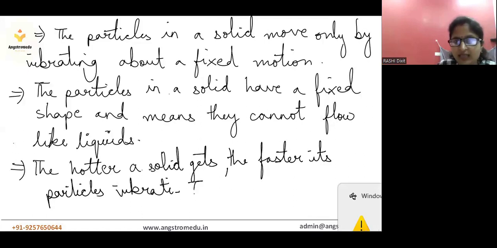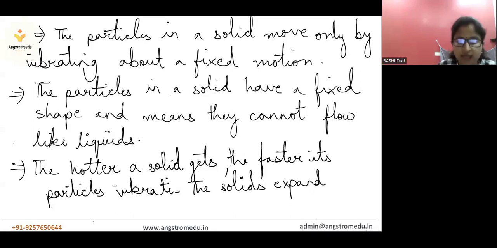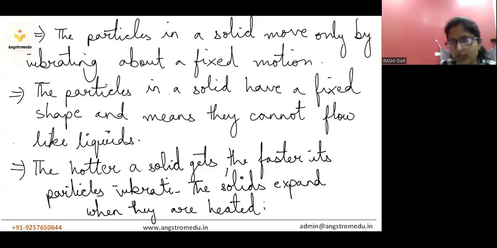So this means that solids expand when they are heated. Okay, so these are some of the characteristics of a solid: they do not move, and instead they vibrate at their fixed positions. They have a fixed shape. They do not flow like liquids, and they cannot be compressed or squashed.